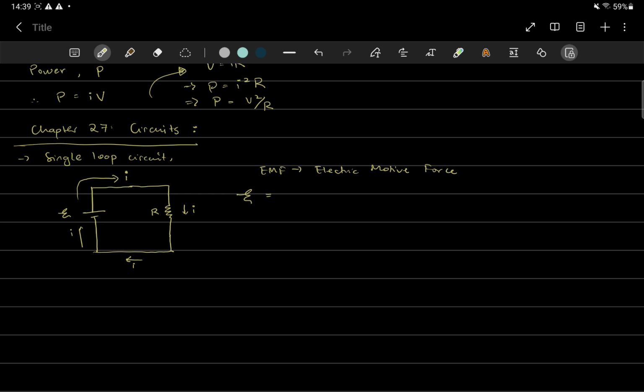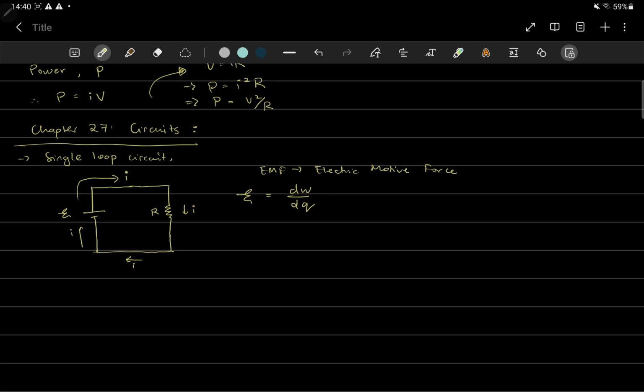So I can decipher a proportionality relationship and say that EMF is proportional to how much energy is required, and inversely proportional to how many charges there are, and therefore I can write the definition of EMF via this expression, which states that some infinitesimal change in energy, given by work done, is required to push the amount of charge dq, and that defines your electromotive force.